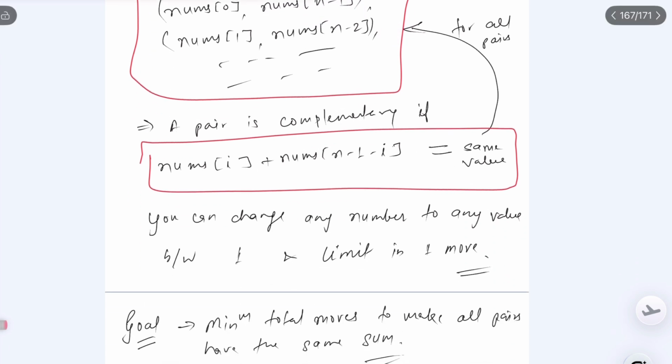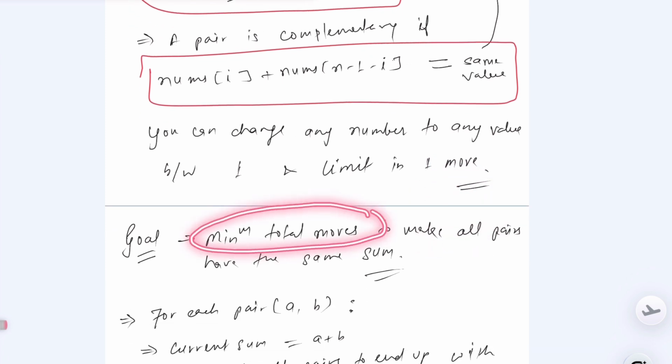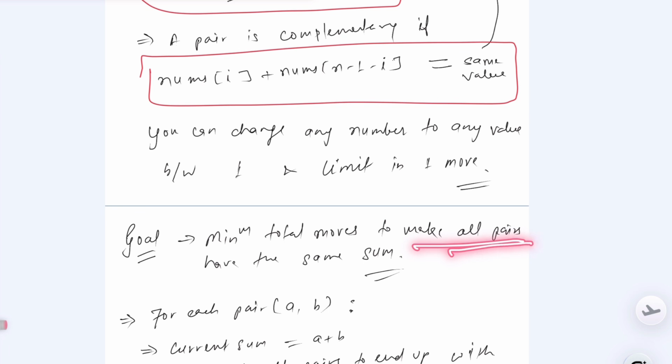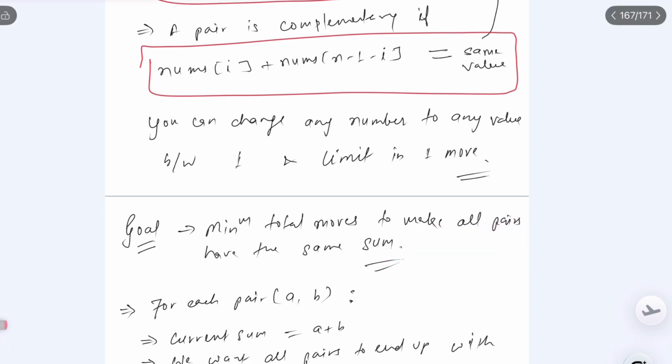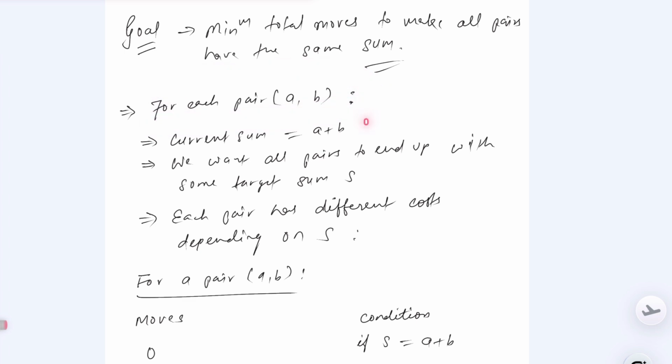The pairs are complementary if the sum of each pair gives the same value for all pairs. You can change any number to any value between 1 and limit in one move. Our goal is to find the minimum moves so that all pairs have the same sum. So for each pair A and B, the current sum is A plus B.